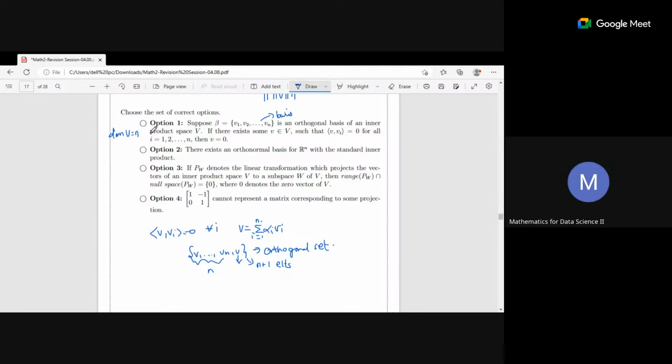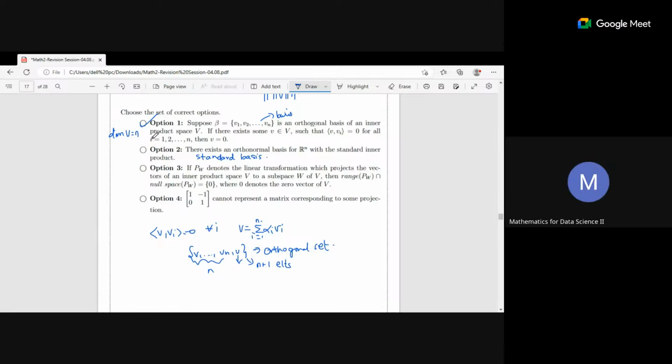Okay, so option 2: there exists an orthonormal basis for Rn with the standard inner product. Of course, you know that, right? The usual inner product, the standard basis. Option 1 is right.